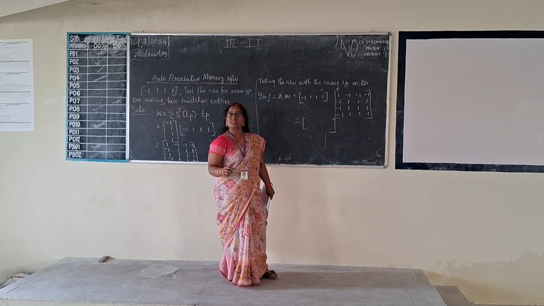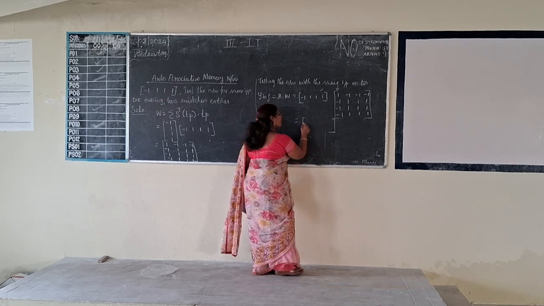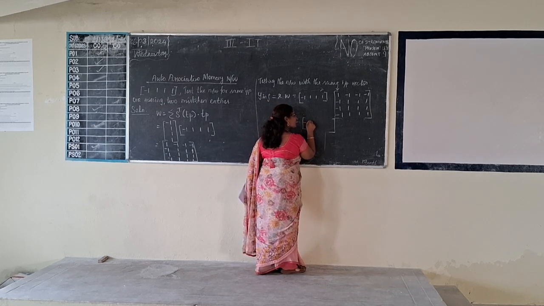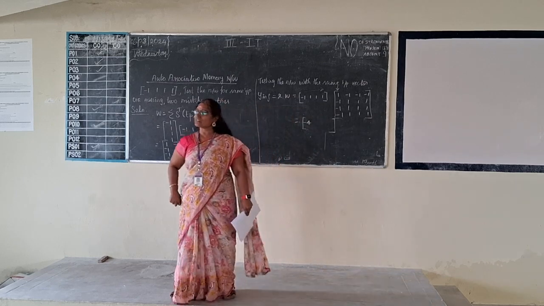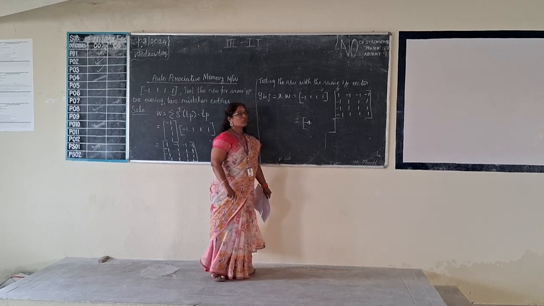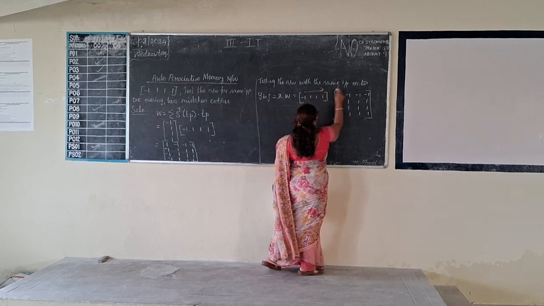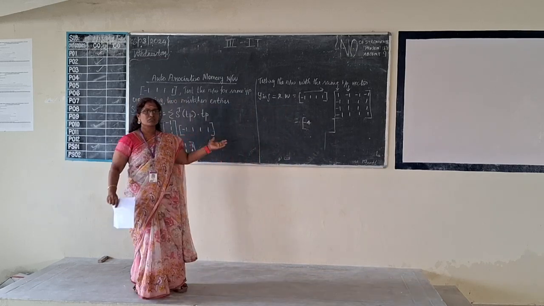So altogether, what is the value you are getting? -4. You must get the value as -4. So complete the rest of the elements too. So now it will be this and this. What is the value? Rahul, any doubt?